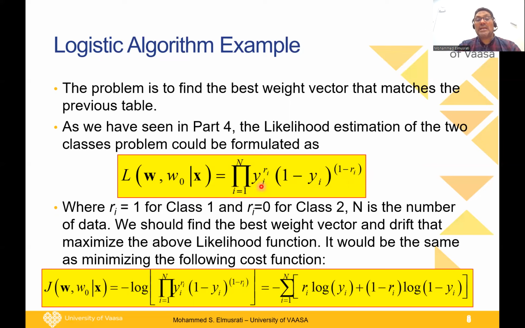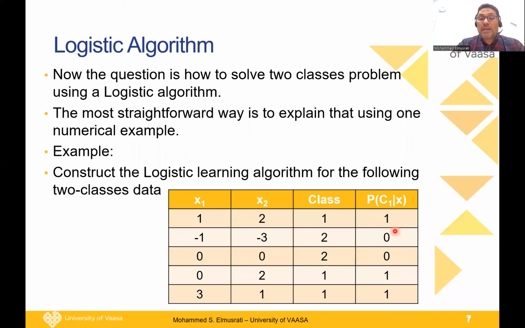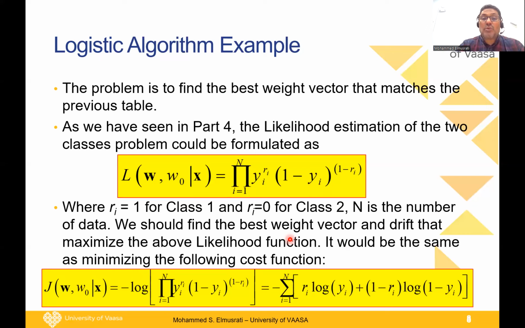So it will be y1 times, for the second element, which is in class 2, 1 minus y2, because the second element belongs to class 2. For every class 1 we multiply by y, and for every class 2 we multiply by 1 minus y. This is the reason that we have this multiplication, and this was discussed in part 3.